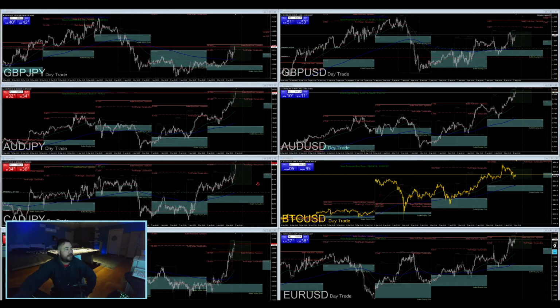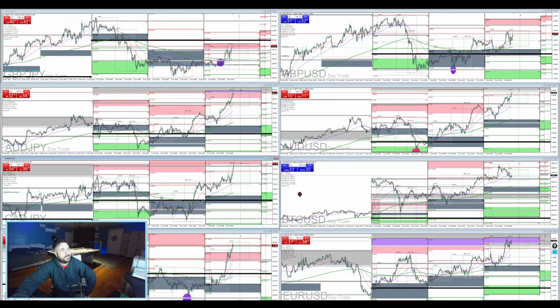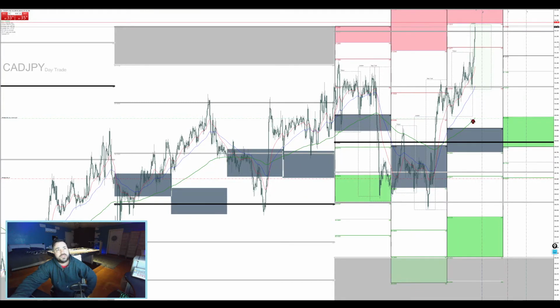All right, so I am going to have to change my entry for the CAD yen since we reached the daily take profit. Let's go into the white pivots here. Until I get further stats on where to place the entries, instead of placing it in the middle of the buy zone, oh man, I'm so tired.